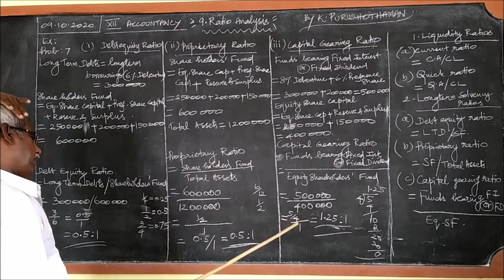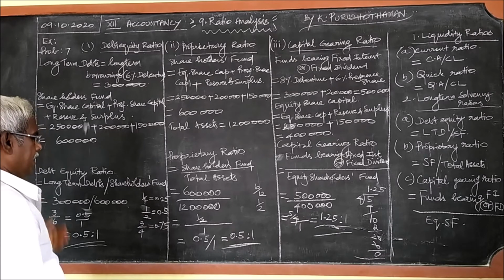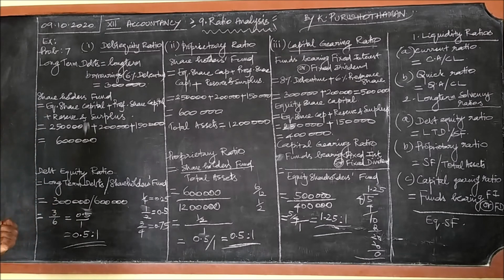For these types of ratios to be calculated, what should you do? First, you should know the formula for each ratio. Debt to equity ratio is long-term debts by shareholders fund. Proprietary ratio is shareholders fund by total assets.